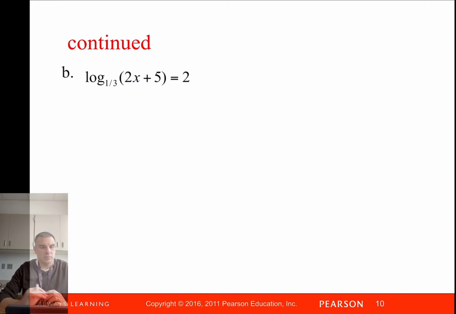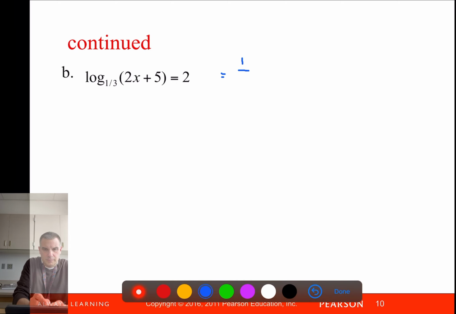It says log base 1/3 of 2x plus 5 equals 2. So we're going to rewrite it. We rewrite it as 1/3 to the 2 equals 2x plus 5.